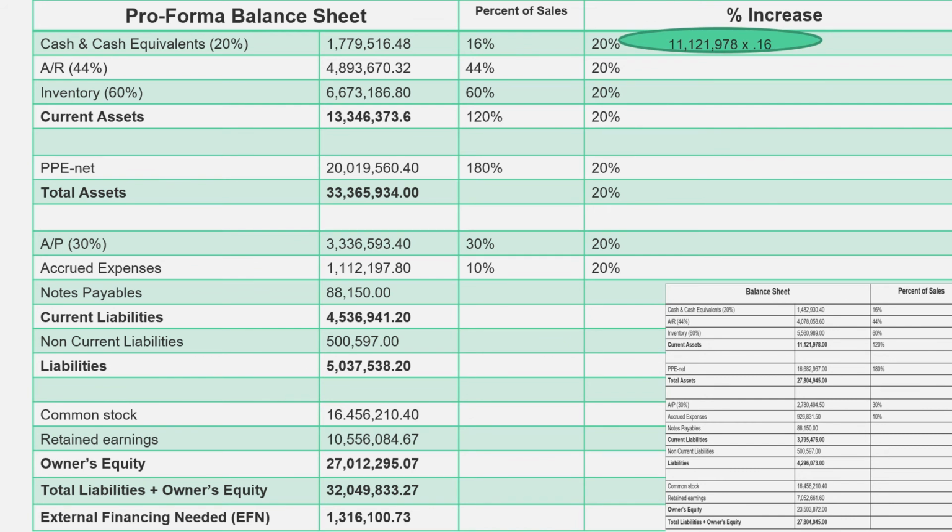So all we have to do is get the projected sales figure from our pro forma income statement and then multiply it by the percent of sales.